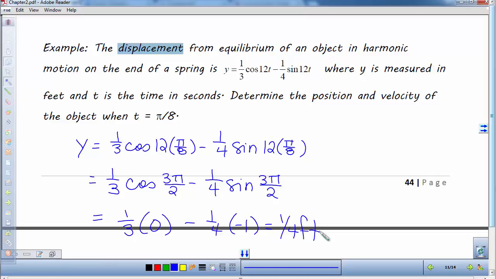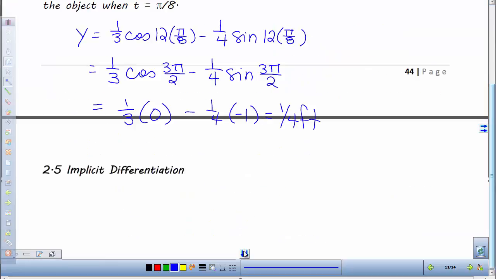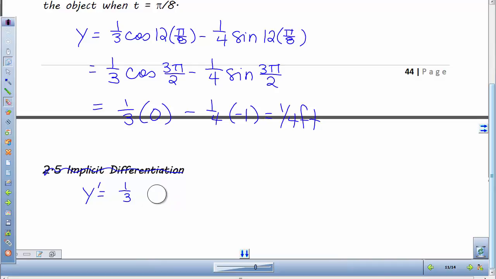Now if we talk about the velocity, in order for me to get the velocity, I've got to take the derivative of this position function. So we get y prime equals 1/3, which is just a constant multiple.